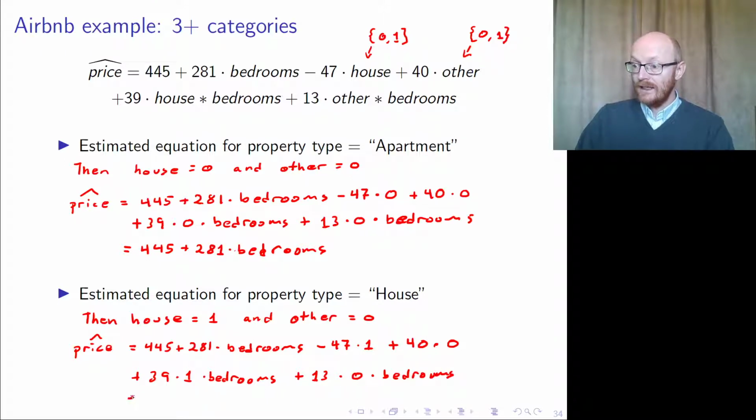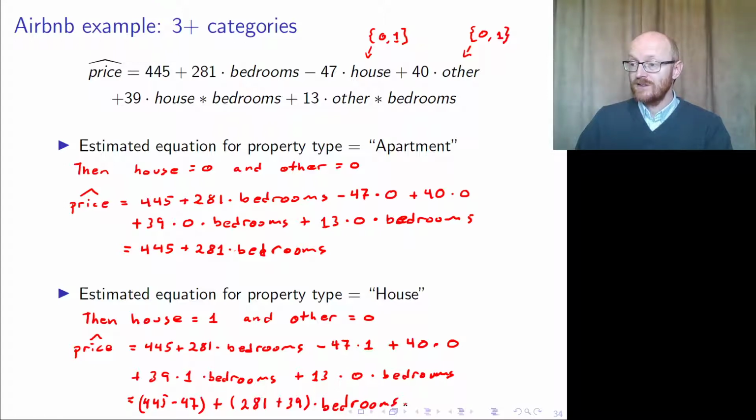Okay, and if you join them together, then you get an intercept of 445 minus 47, and the slope is 281 plus 39 times bedrooms.